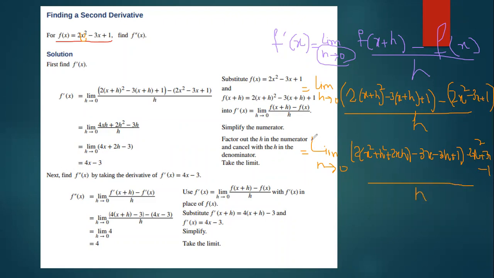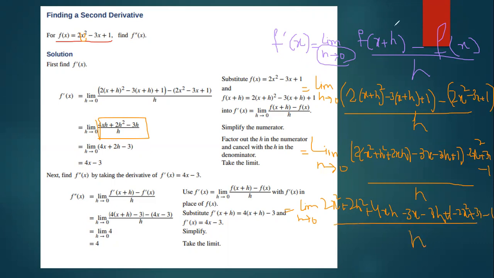Okay, so after the elaboration, it will be limit h approaches to 0 of 2x square plus 2h square plus 4xh minus 3x minus 3h plus 1 minus 2x square plus 3x and minus 1, divided by h.